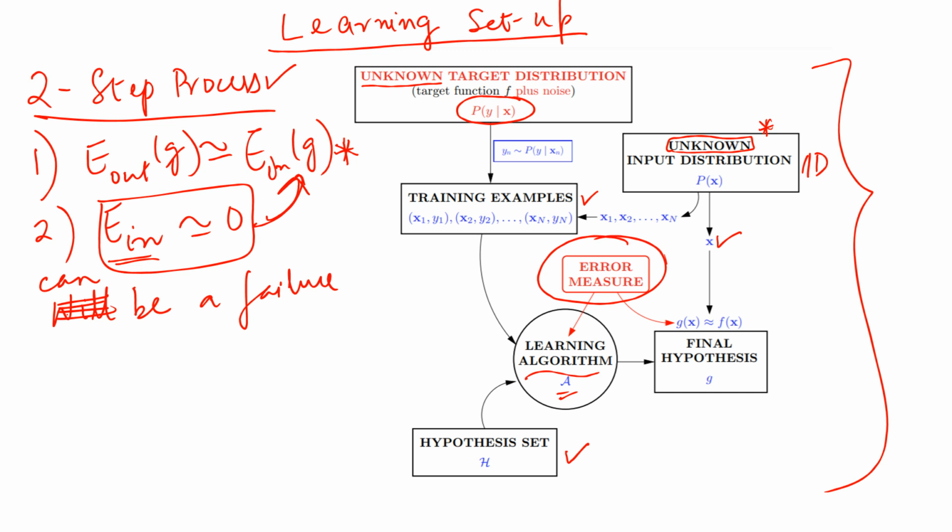Okay, so this actually answers our big question for this lecture. That was that yes, learning is feasible, and the way it is feasible is via this two-step process. This is the larger picture of how things fit into our learning problem.